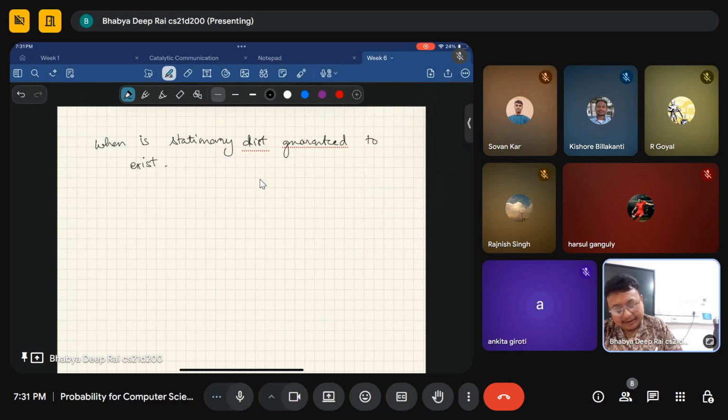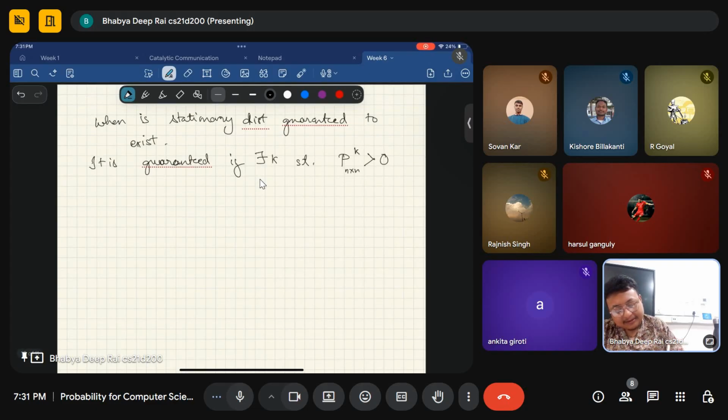It is guaranteed if there exists a k such that P to the K is not a null matrix, where P is the probability matrix of the Markov chain. And this property is called ergodicity.